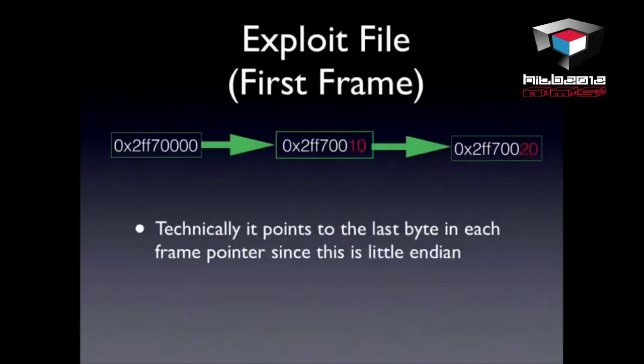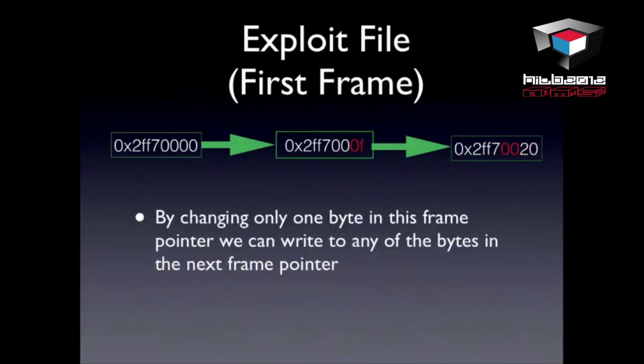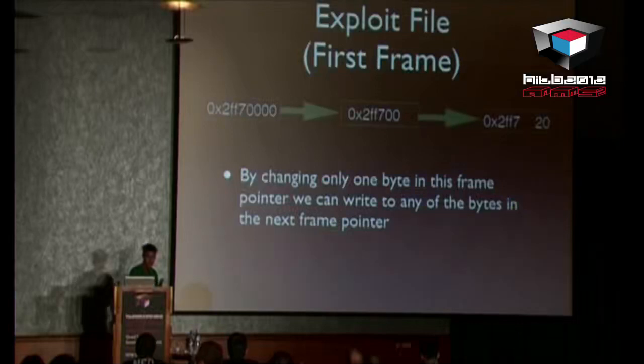But if we're only writing 1 byte to it, then that frame pointer is going to point technically to the last byte in the address, since we're on a little endian machine. So if we actually change that number to what we want, we can change this frame pointer to an address that's actually different.